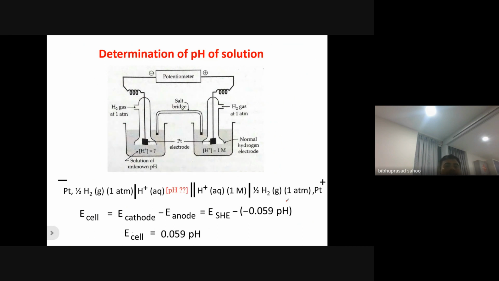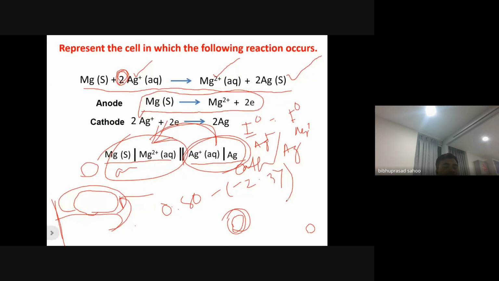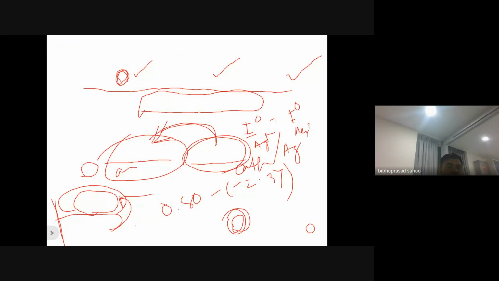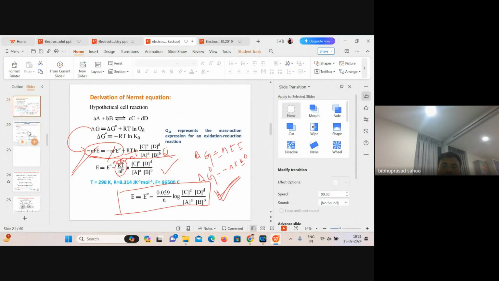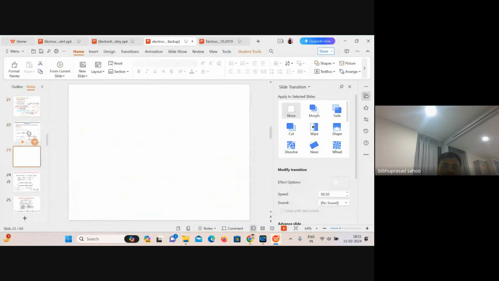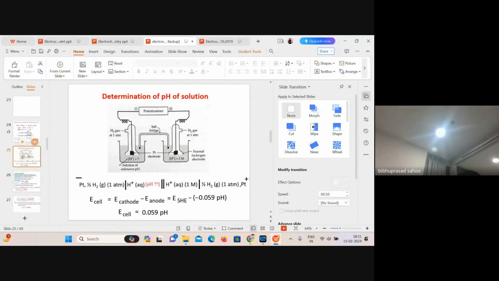Then student, this is another application of the Nernst equation. So up to this you have clear, student, whatever I taught. Let me check whether this application is there. Yes, this application is there.